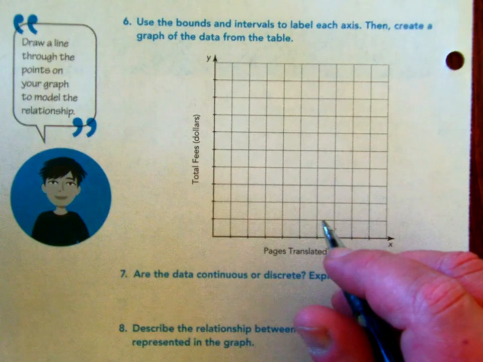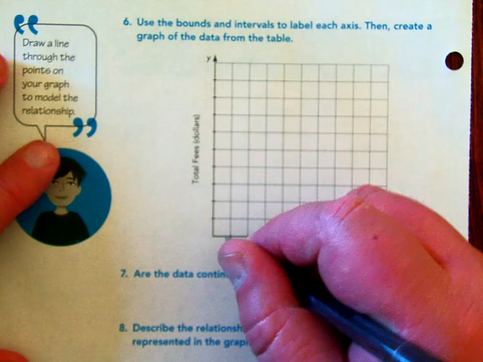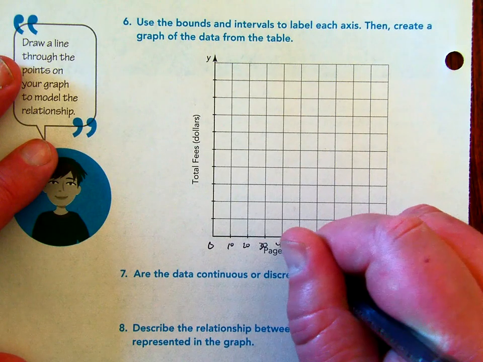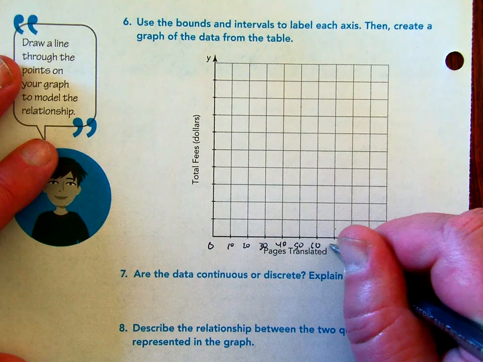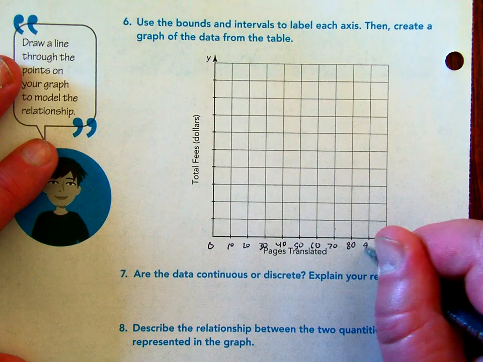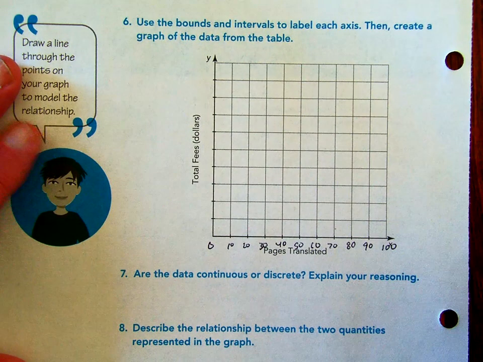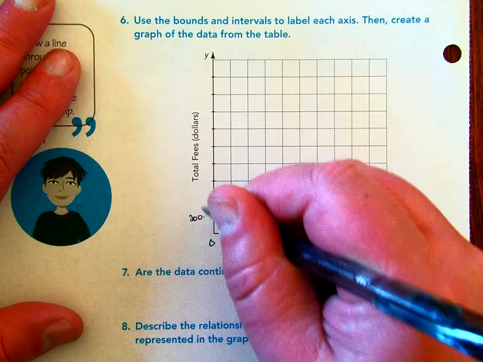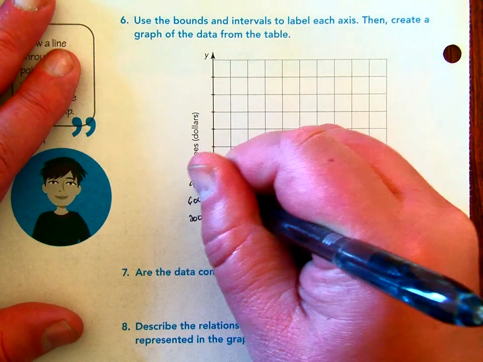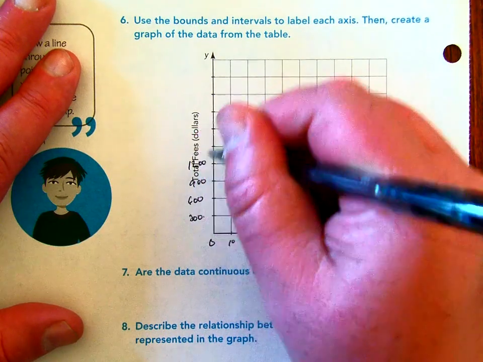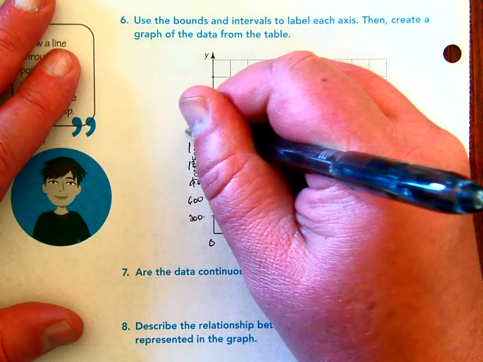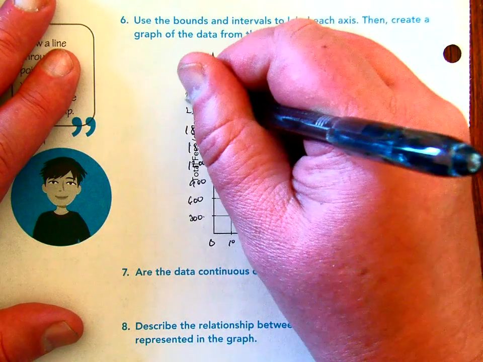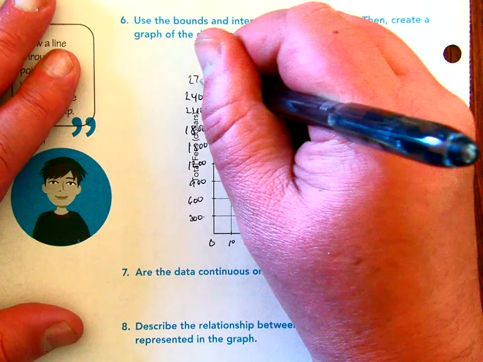So this was 0, 10, 20, 30, 40, 50, 60, 70, 80, 90, 100 pages translated. And we took the y up by 300. So that was 300, 600, 900, 1200, 1500, 1800, 2100, 2400, 2700, and 3000.